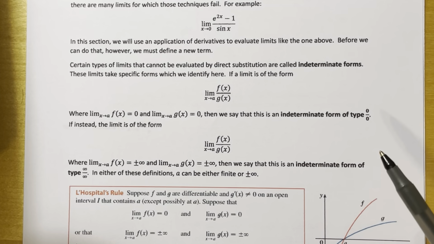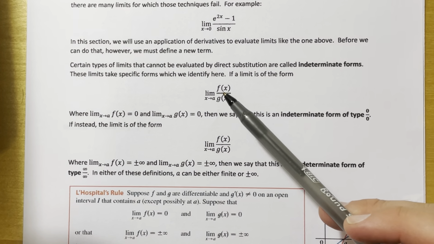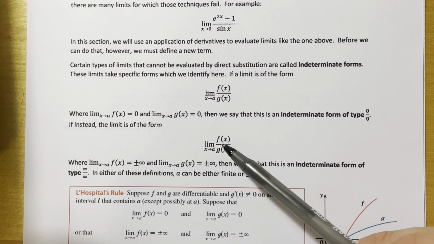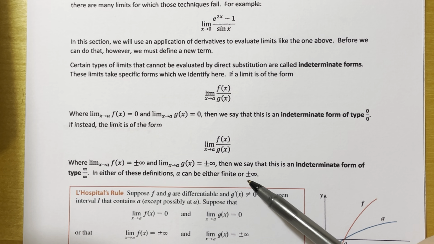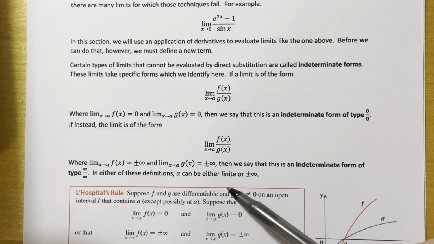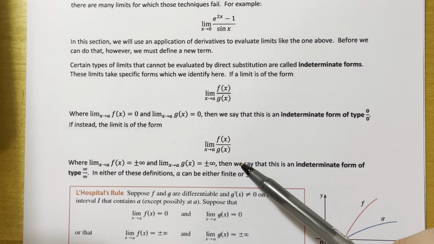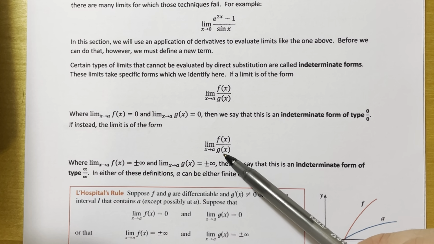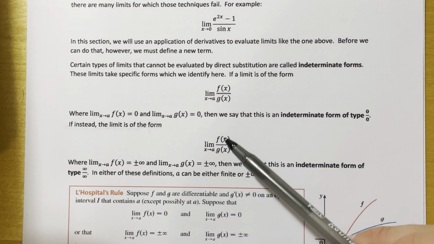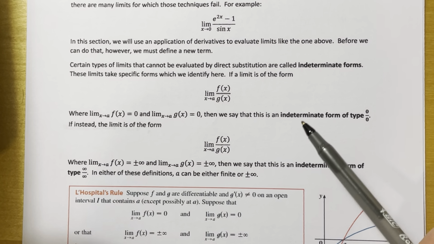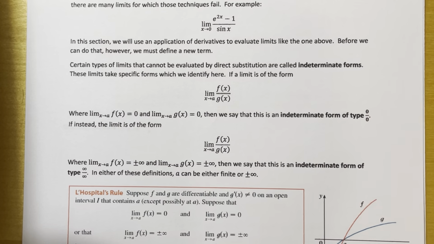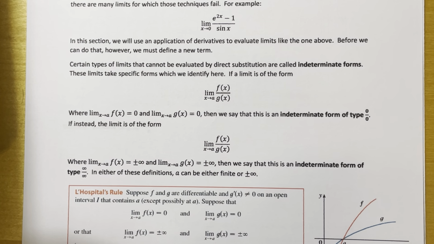Another type of indeterminate form is very similar to this one, where you're looking at a limit as x approaches a of f of x over g of x, and both of these functions go to either positive infinity or negative infinity. And you can have one of each happening as well. You can have f of x approaching infinity while g of x approaches negative infinity, both as x approaches a. In those cases, infinity is not a number, and so it's tempting to just say, well, the limit doesn't exist.